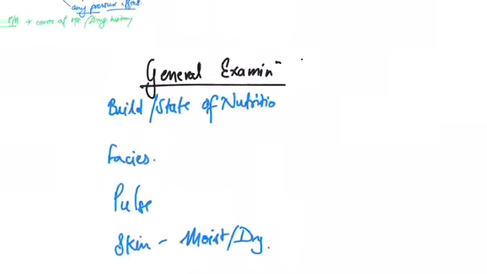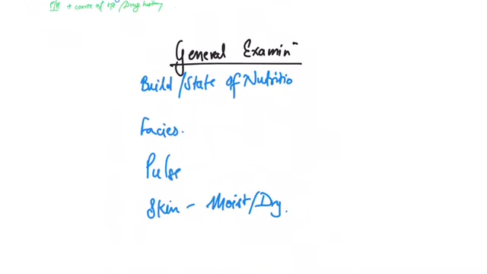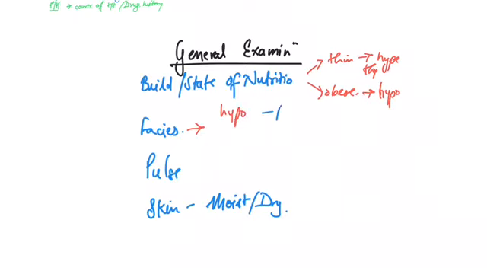Build and state of nutrition: if the patient is obese, this may point towards hypothyroidism, and if the patient is thin, may point towards hyperthyroidism. Those suffering from hypothyroidism will have a puffy and dull face.